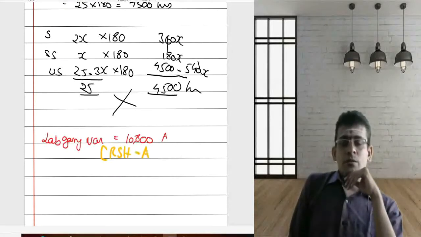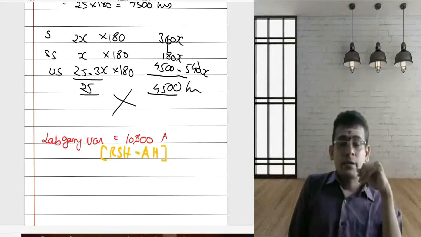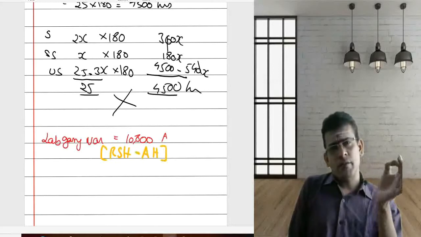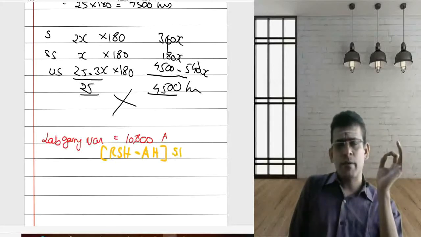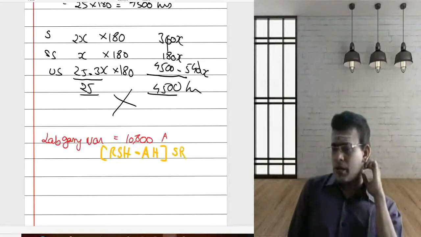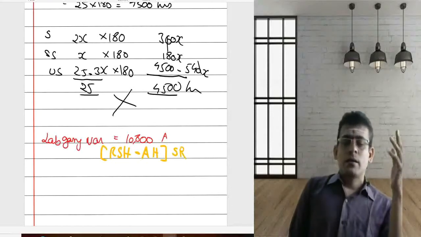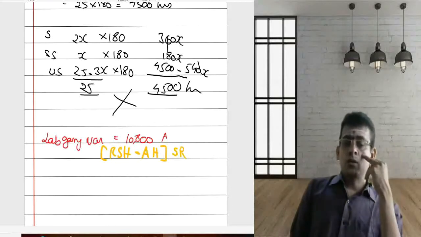Minus I need to find out actual hours, right? So as labor gang variance is a part of your efficiency variance, this has to be multiplied by my standard rate. If I do this, ultimately I can easily find out my gang variance, because the variance is what?